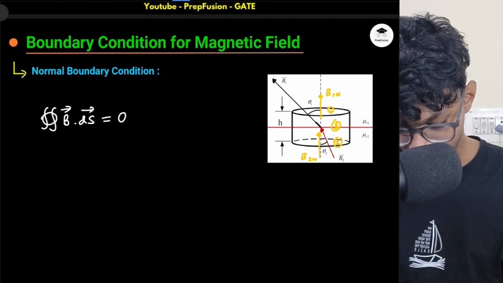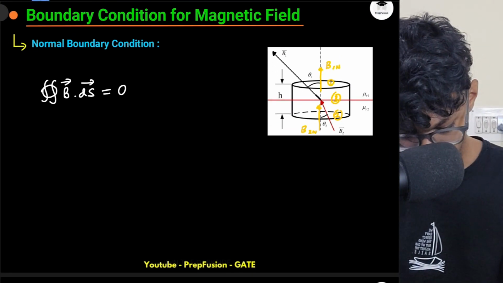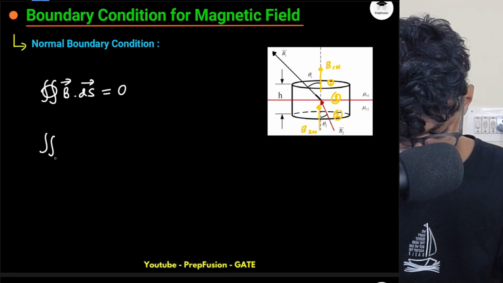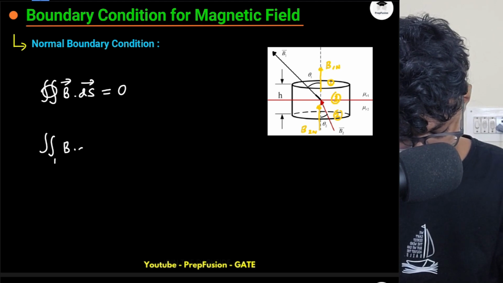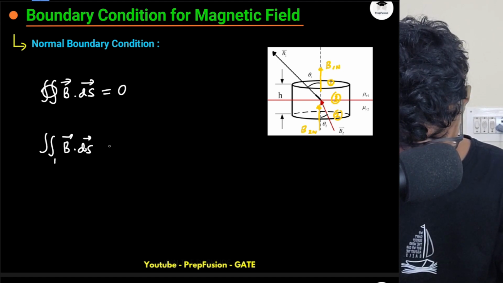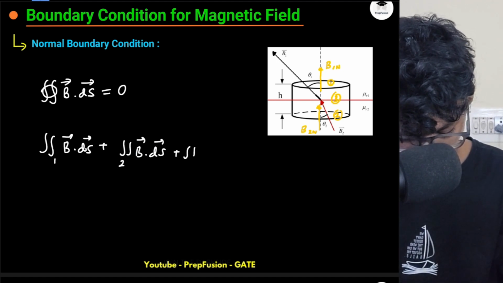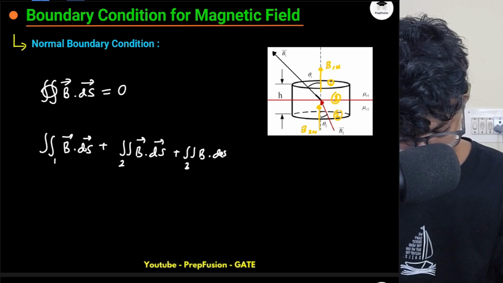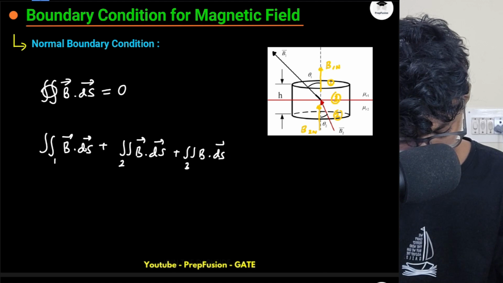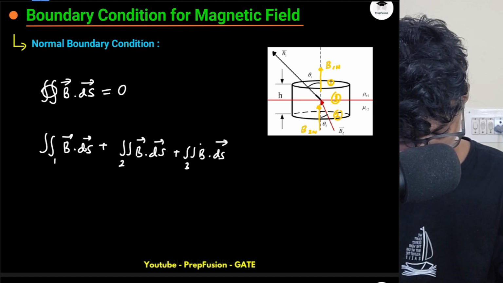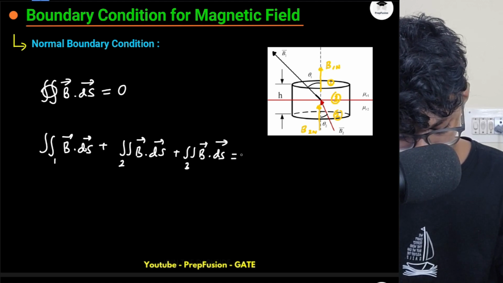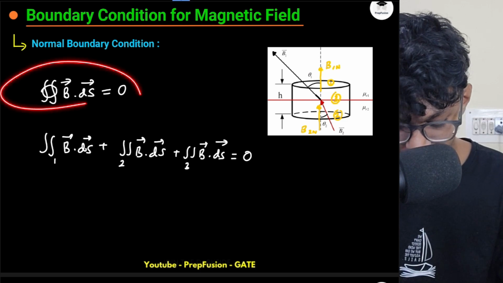So I can break this surface integration into three parts: surface integration 1 of B dot ds, plus surface integration 2 of B dot ds, plus surface integration 3 of B dot ds, equals 0, because this is simply the property of a magnetic field.